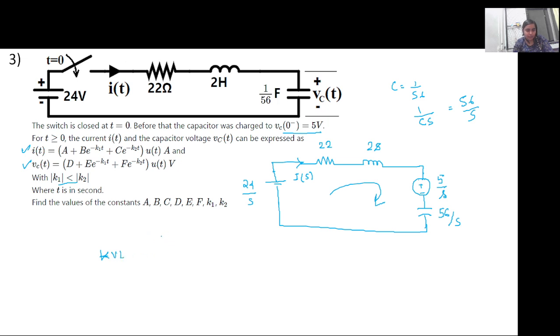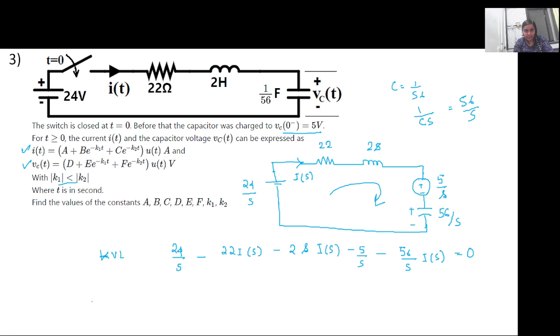It is 24 by S minus 22 into I of S minus 2S into I of S minus 5 by S, minus 56 by S into I of S is equal to 0.